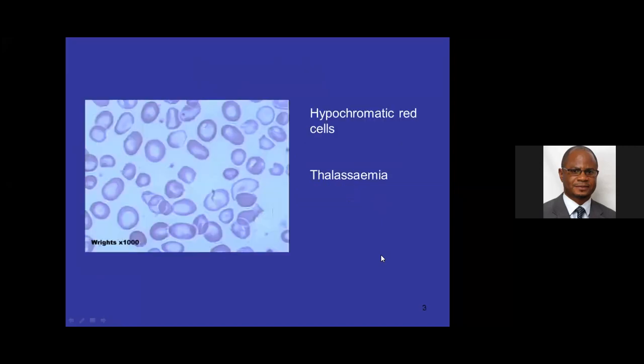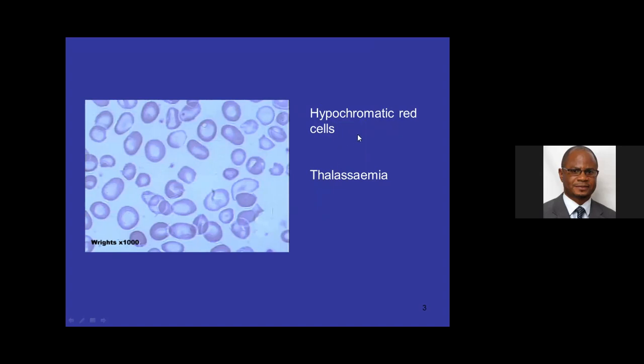Then we have hypochromatic red cells seen in thalassemia. So the center is larger. It is hypochromatic because the staining is less, hypo. Why is the staining less? It is the hemoglobin in the red cell that picks the stain, making it more prominent. So if the hemoglobin is less in the red cell, then it will stain hypo, okay?